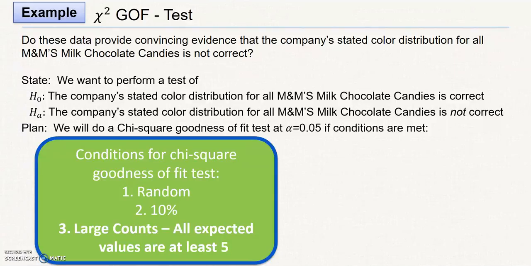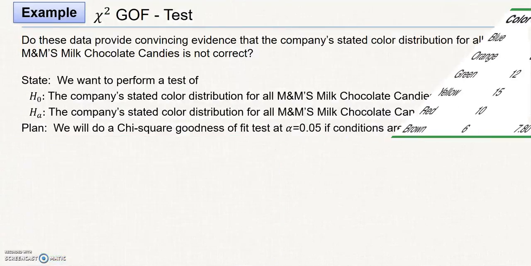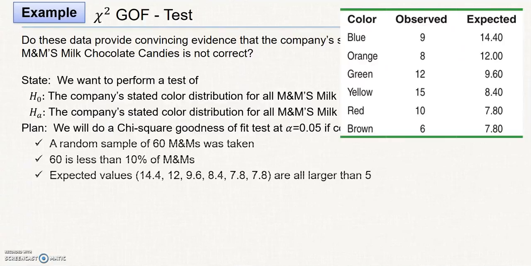Now make sure that when you are checking your conditions that you actually list what those are. You cannot just say that they are all at least 5. So we had a random sample of 60 M&Ms, 60 is less than 10%, and the expected values are listed. All of them are larger than 5.